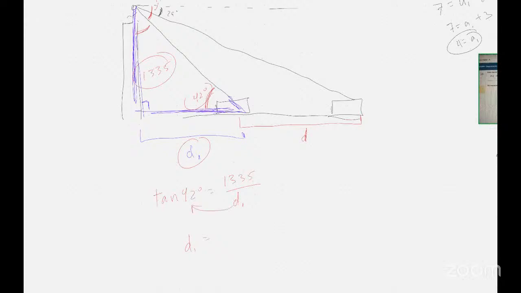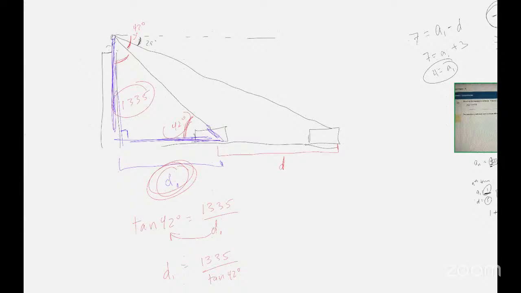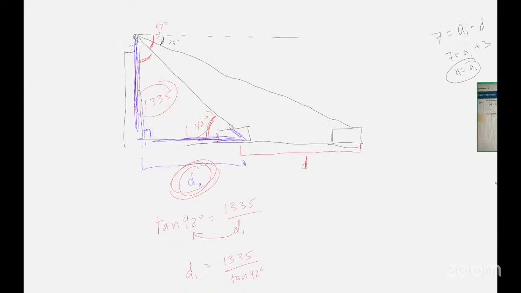So punch that into your calculator, and that's going to give you D sub 1, right? Yeah. And then take the other triangle, this big one, I'll make that green, from here all the way to there, and do the same thing to find this big D. We'll call that D sub 2.